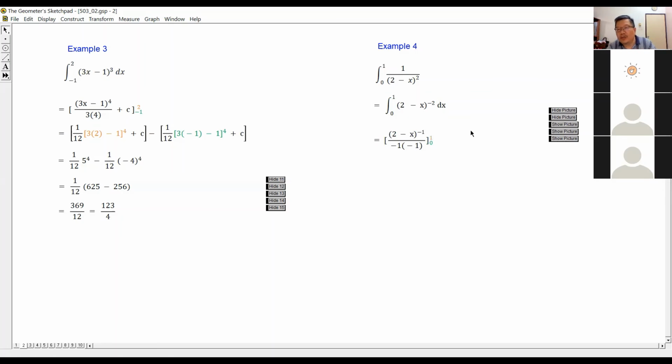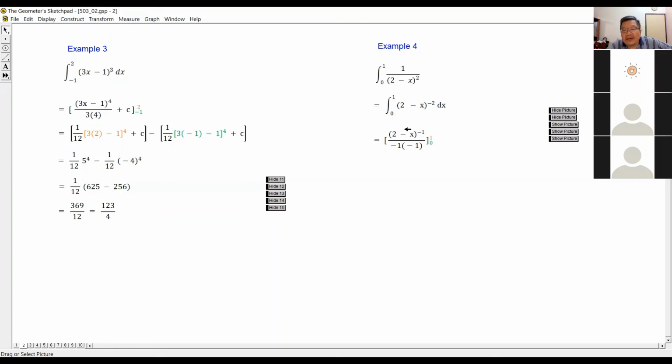So now I don't want to put the c anymore because the c will cancel away. This whole thing becomes -1. I divide by -1. This first -1 is from the index. Then I divide by another -1. This -1 is the coefficient of x. So correct already, right?